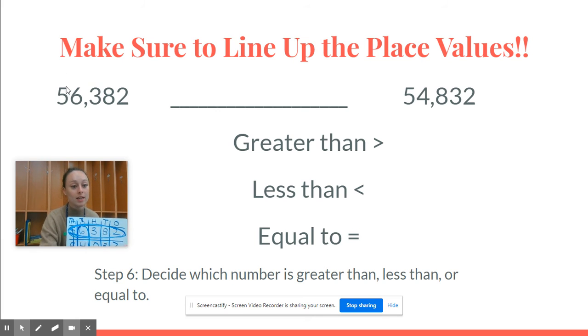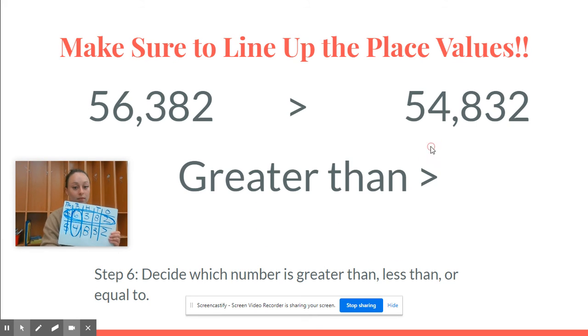So right here, I want to think, 56,382, is that greater than, is it bigger than 54,832? Is it less than, smaller than 54,832? Or is it equal to? Are they the exact same numbers?